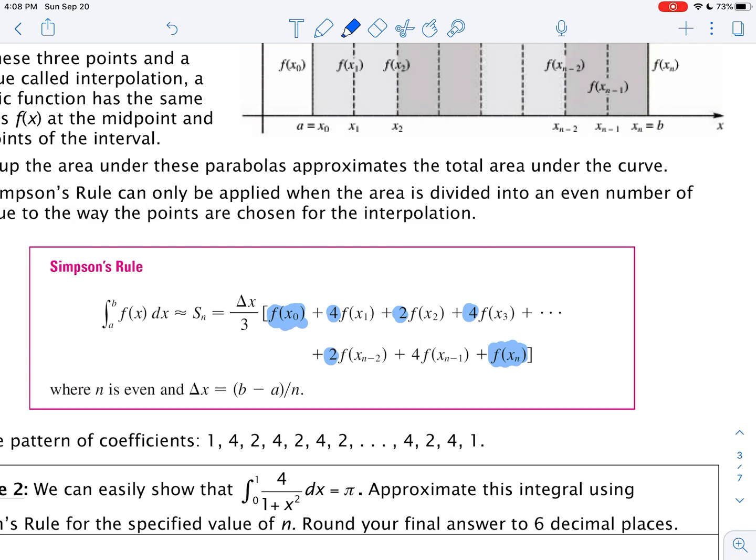So 4, 2, 4, 2, and you alternate until you get to the very end of your approximation. And please note, because of the way that Simpson's rule was developed and the formula was established, it does require that you use an even number of partitions, so n must be even in order to use Simpson's rule.